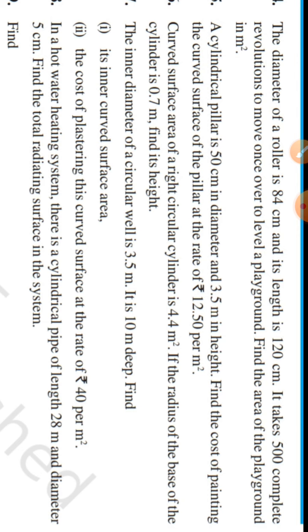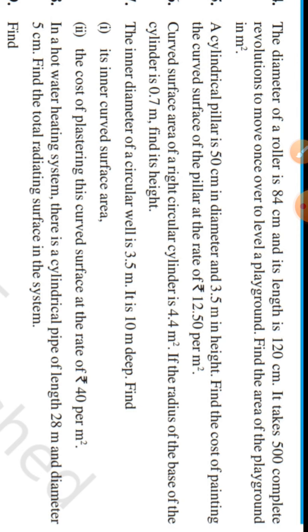D is given 50, so R will become 25 centimeter, but we have to convert centimeter into meter. Then height is already given in meter, and rate per meter square is given 12.5, but that is used at a later stage. First of all we have to find curved surface area. Here it is clearly given.